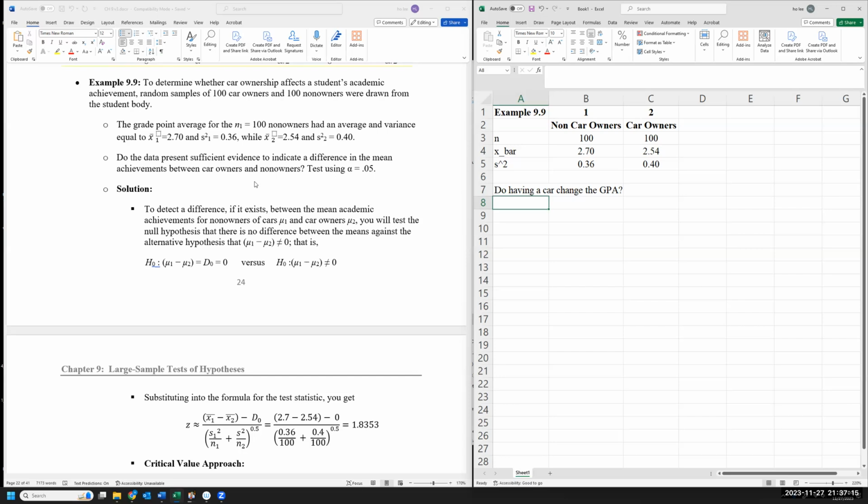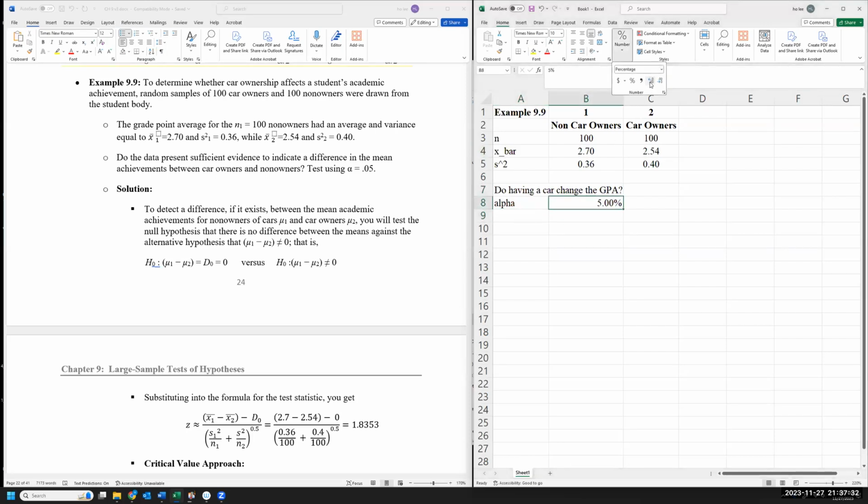Is there a difference? So likely it's a two-tailed test. And they say test using an alpha of 5%. So alpha is 5%. Okay.